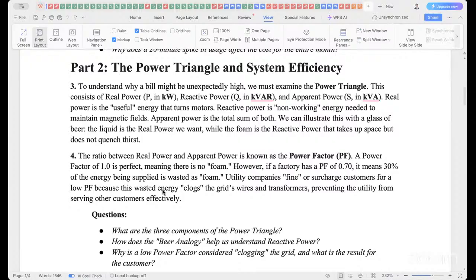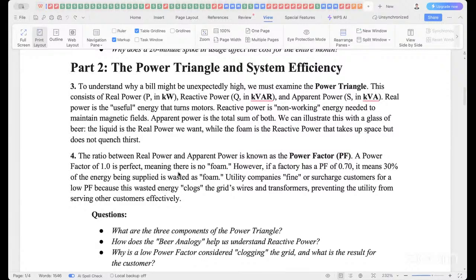Utility companies fine or surcharge customers for a low power factor because this wasted energy clogs the grid's wires and transformers, preventing the utility from serving other customers effectively.